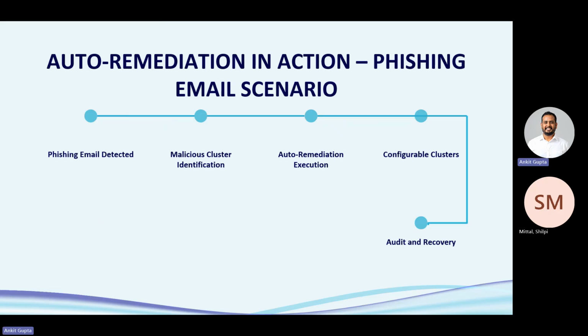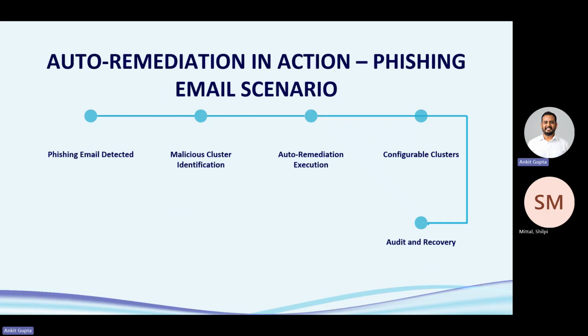No more waiting for an analyst to click remove for each, or even approve the action. The moment the cluster is confirmed malicious, zap, it's gone from all mailboxes. Microsoft uses the phrase removing identified threats at machine speed, and that's literally what happens.